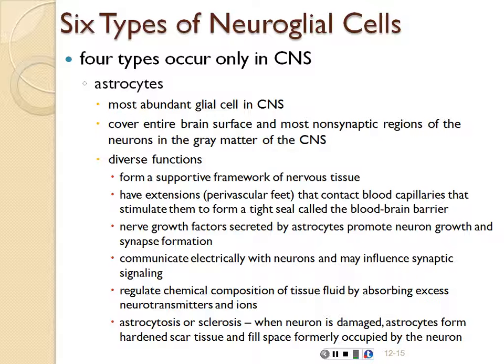The astrocytes have so many functions. So the main thing to know about the astrocytes is that they are the most abundant of all glial cells. So we have more astrocytes than any other. And as you can see, they have the most functions, diverse functions. Okay, so they cover the entire brain surface.